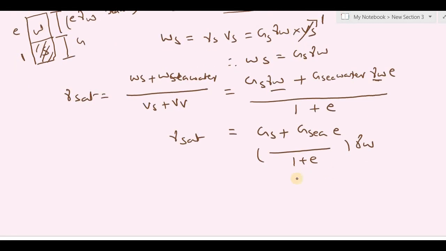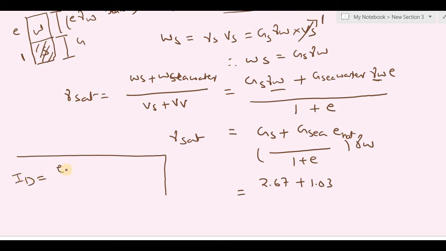Given specific gravity of solids is 2.67 and specific gravity of sea water is 1.03. Here E is E natural, and we need to find E natural also. From where do we find E natural?